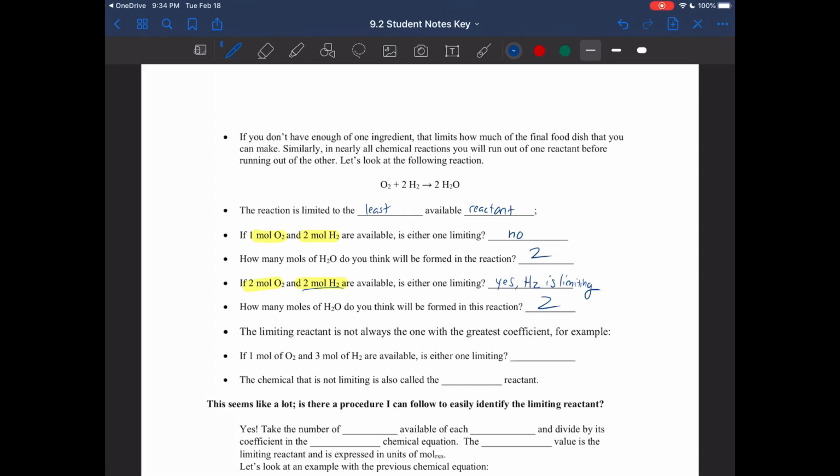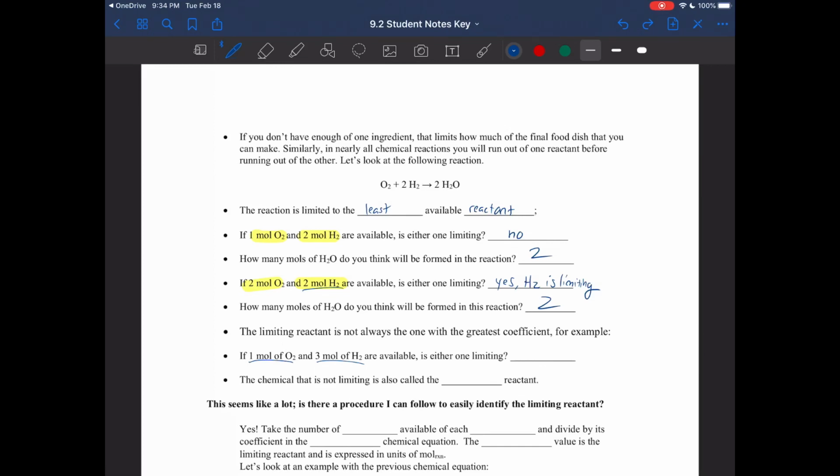Now, the limiting reactant is not going to be the one with the greatest coefficient. It's not going to be the one that's used up the fastest every single time. For example, what if we have 1 mole of O2 and 3 moles of H2? Is either one going to be limiting? So we can look back over here and we see that, okay, even though H2 is being used up twice as fast, O2 actually gets used up first.